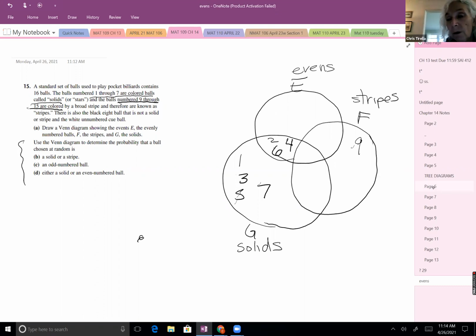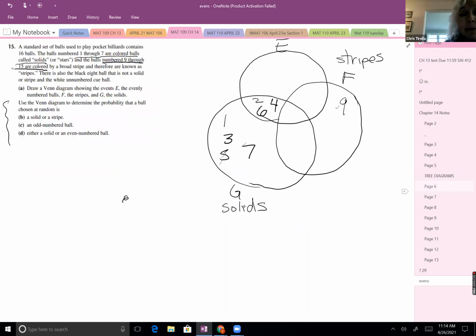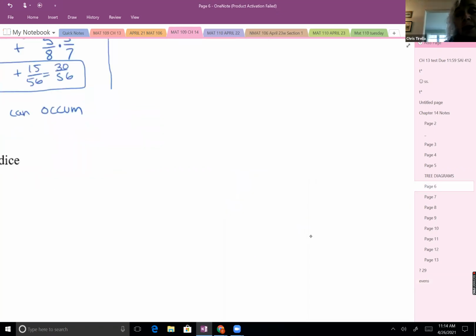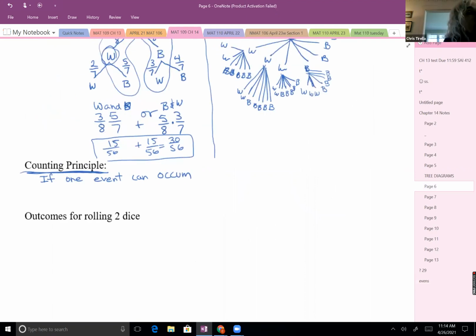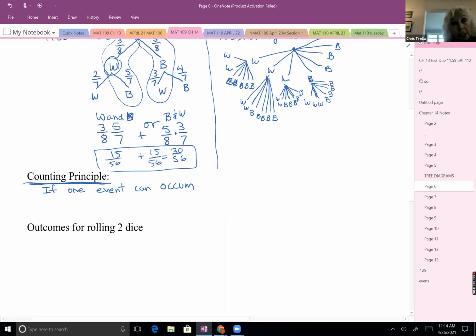Okay, so let's look back where we left off. I remember being in the middle of a sentence and my eye got distracted and I saw the time and realized, oh dear, we had run over in the middle of a sentence. We were talking about the counting principle.